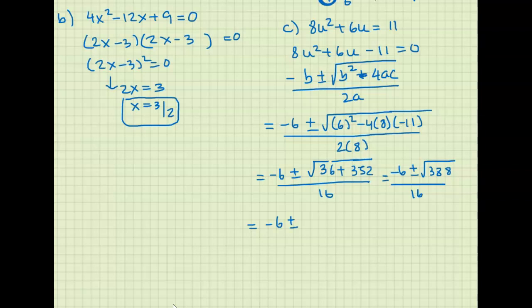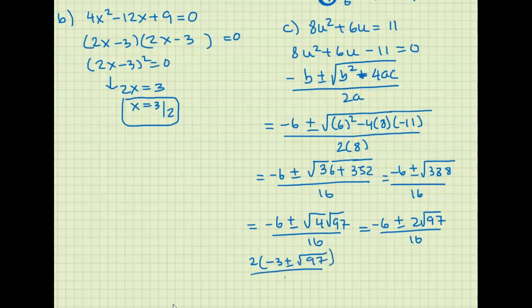That's negative 6 plus or minus the square root of 4 times the square root of 97, divided by 16, negative 6 plus or minus 2 square root of 97 over 16. Factor out a 2 on top, negative 3 plus or minus square root of 97 over 16. Cancel out a 2, and we get negative 3 plus or minus square root of 97 over 8.